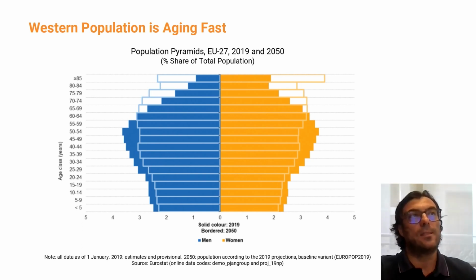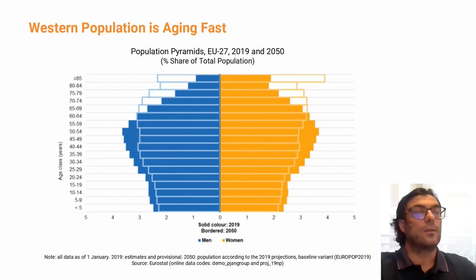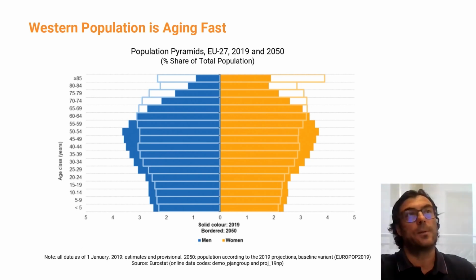And you can really see that the number of young people, from below 5 all the way to 55 to 60 years old, which is really the core active phase, is actually reducing in percentage for the men, and even more for the women. Okay, whilst the people who are in retirement age from 65 onwards are increasing.